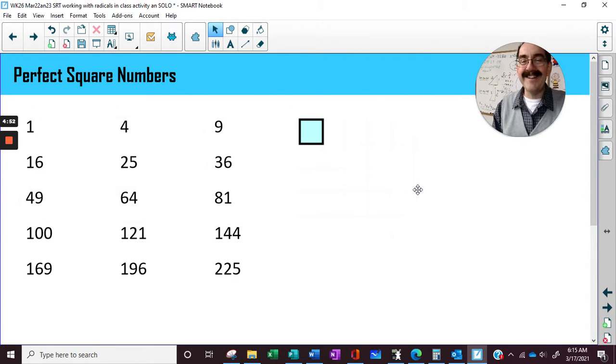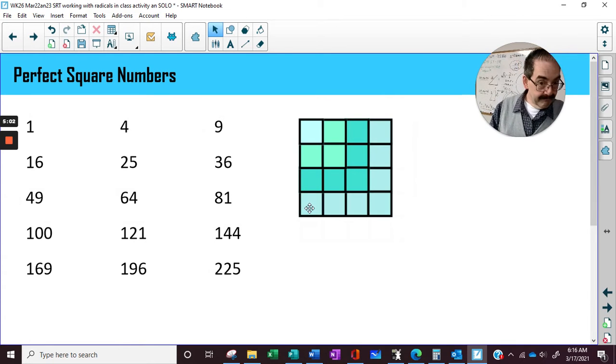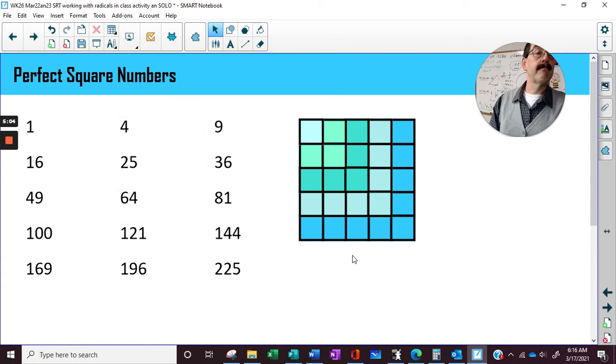You're supposed to chant. What's 1 times 1? What's 2 times 2? 3 times 3. 4 times 4. 5 times 5. Can you see perfect squares? Okay, let's do the rest of them. 6 times 6.